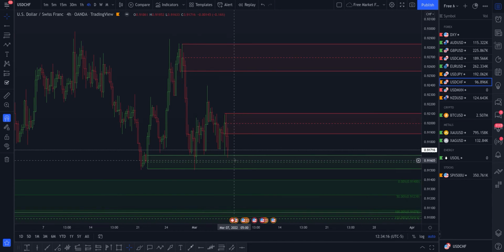We've already reacted to this zone that was mitigated. I can't remember what the short-term bias was for last week, but if we were looking for longs, we definitely see where this pair came into this 4 hour zone and reacted off of it, and probably was a nail biting trade, but nonetheless could have been taken up to the upside.